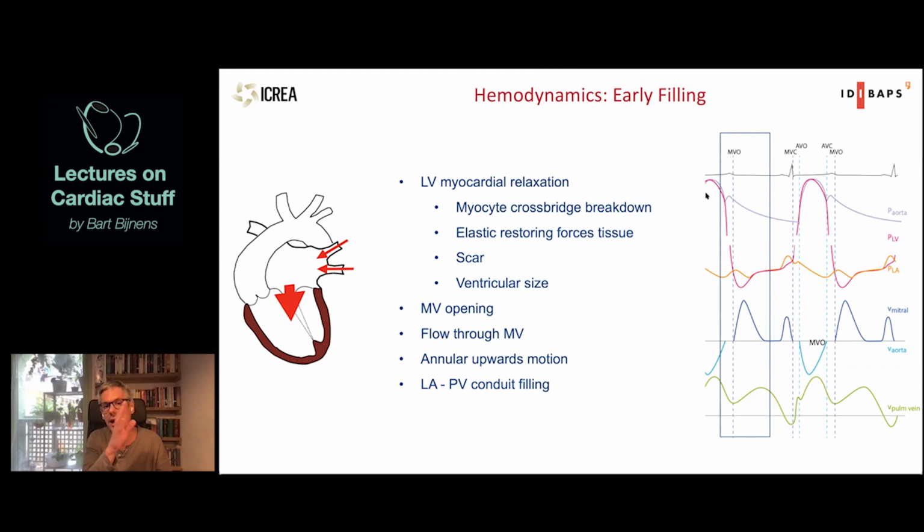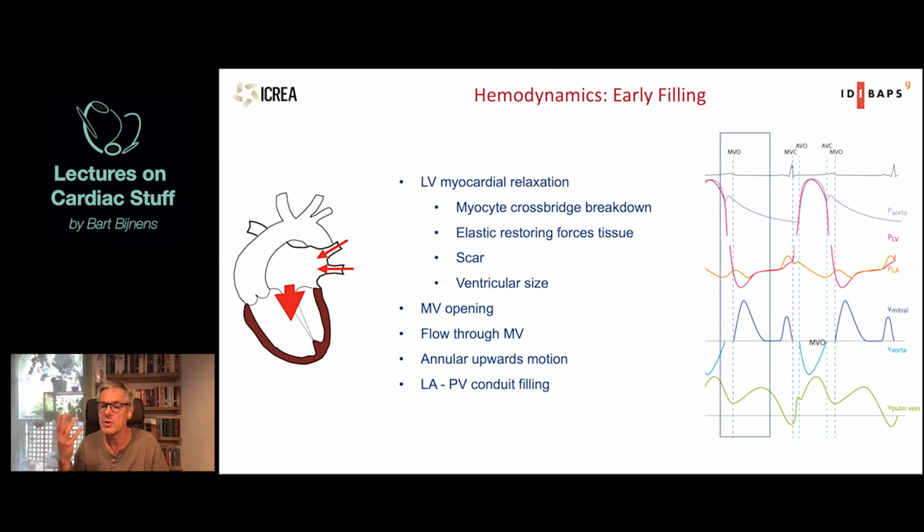By half to two-thirds of systole, a lot of the cross bridges are already starting to break down, so that at the moment that the ventricular pressure starts to decrease, this is when we have the active relaxation of the tissue.